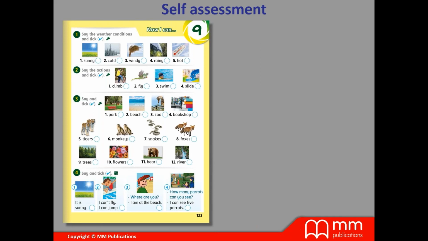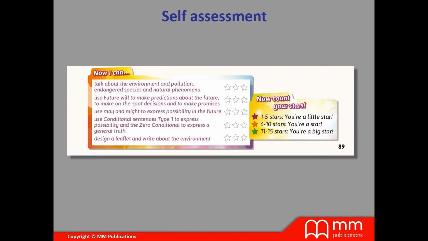Let's take a little look at a self-assessment for older students, okay? So for older students, you might get them to go through a list of things like this. For example, use conditional sentences type 1 to express possibility and the 0 conditional to express a general truth.